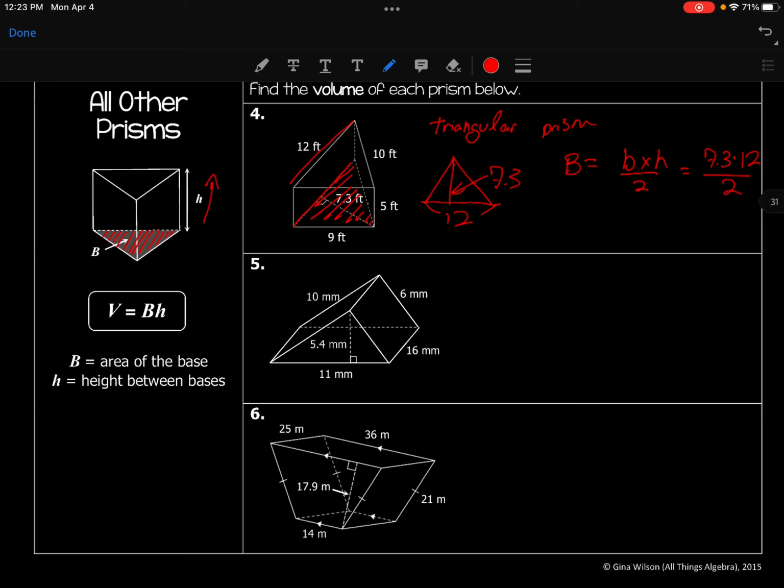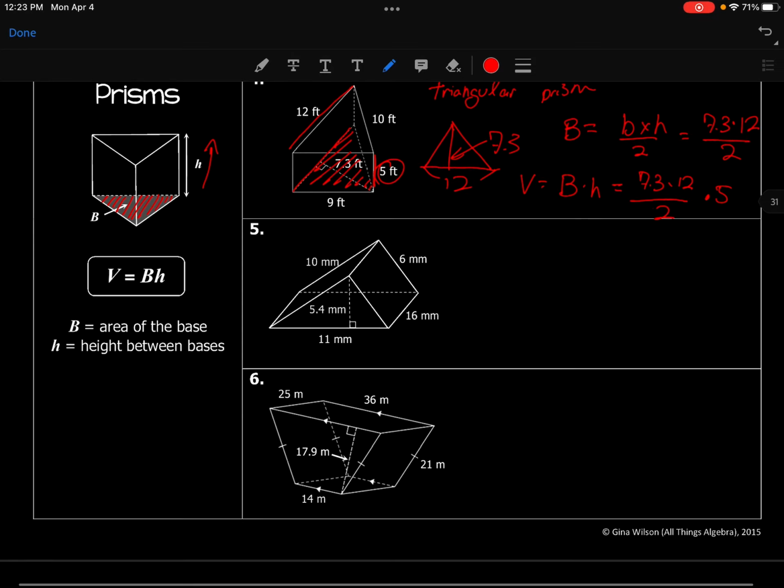And the volume of the prism is the base times the height, which would give you 7.3 times 12 divided by 2 times the height of the prism, which is 5. Put that in the calculator, that should give you the answer.